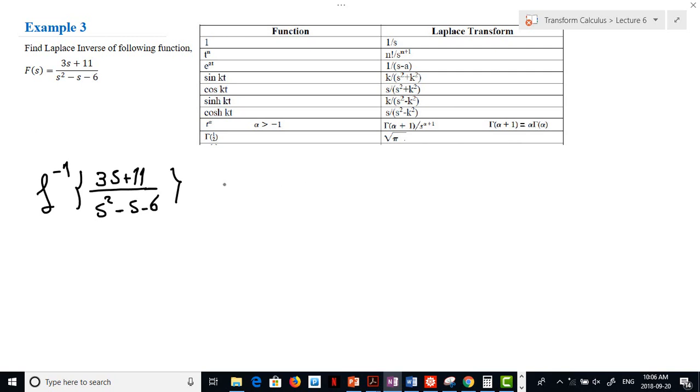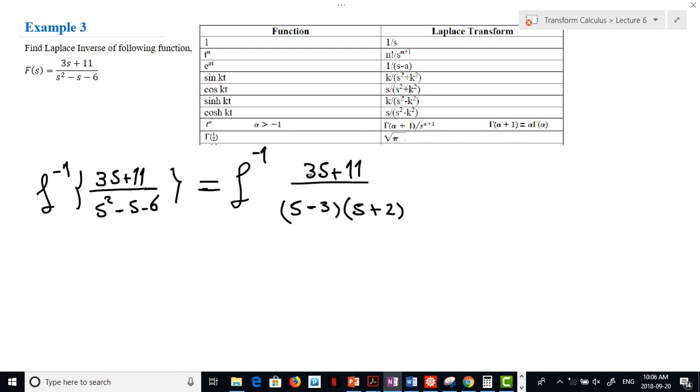In this case, what we have to do, I can represent this function like this. So I say it's equal to the Laplace inverse of 3s plus 11 over s minus 3 times s plus 2.